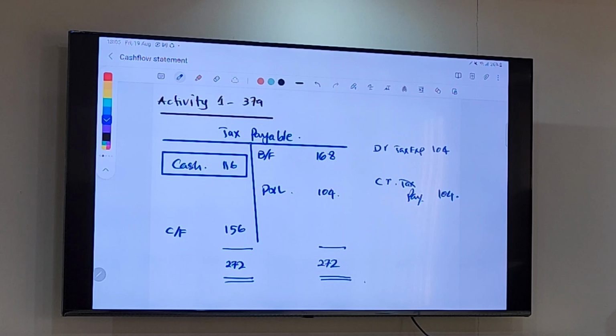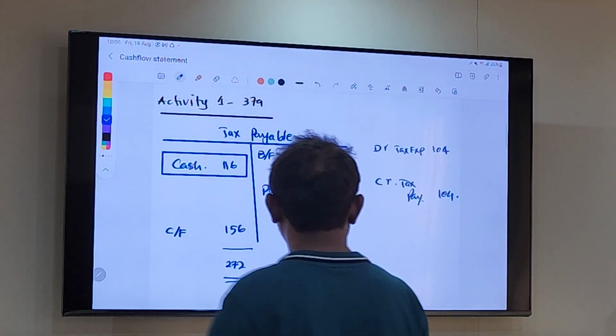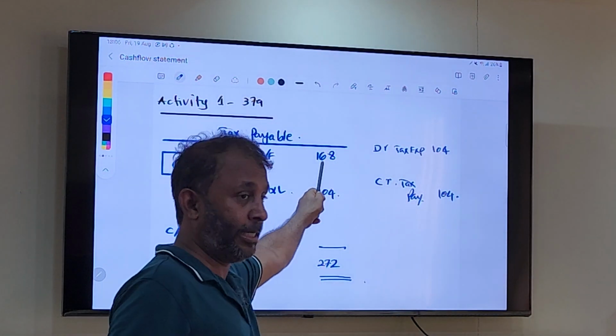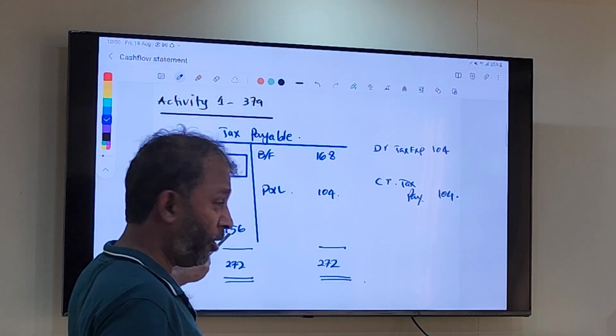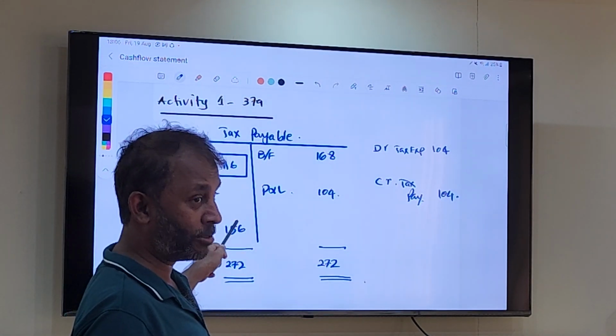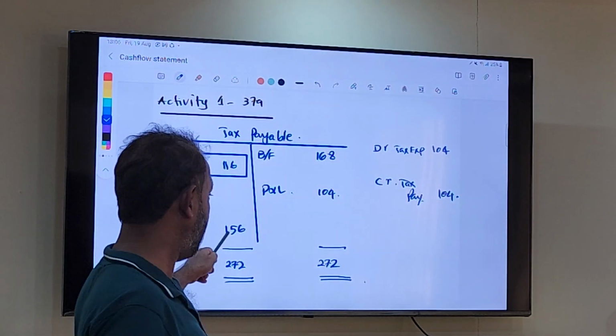Okay, this is clear, but I have one question. First, we have brought forward 160. Why is it included on the credit side? Liability rule: tax payable is a liability. Liability is a credit side item. If it's an asset, then the debit side. And you see here, I have written brought forward on the credit side. And this is also a liability, remember. Then don't come and ask me next class, you told me liability should be credit, so what about this?